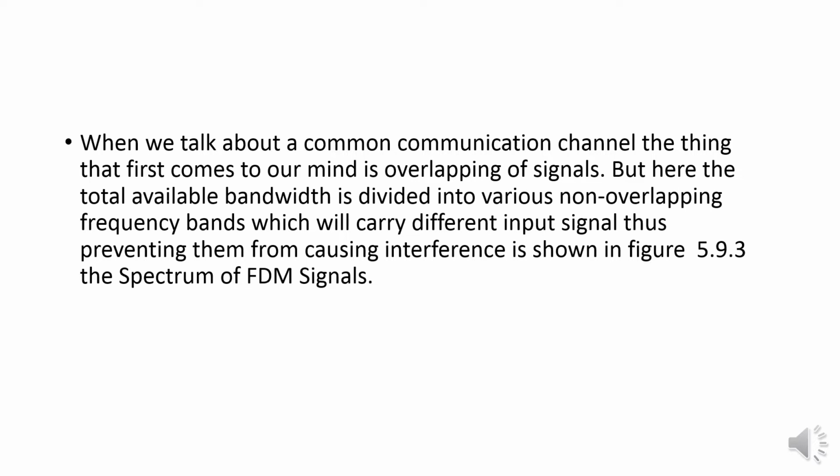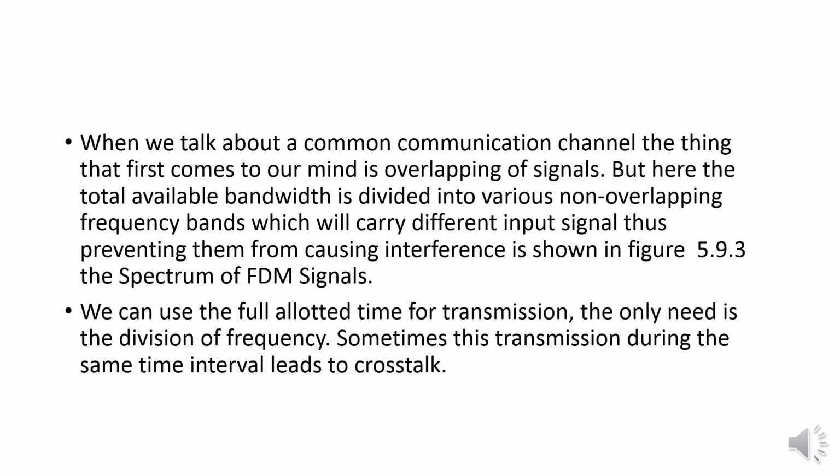This mainly prevents interference in the spectrum of FDM signals. No particular time slot is allotted to the transmission, so only the division of frequency is needed. Transmission during the same time interval could otherwise lead to crosstalk.